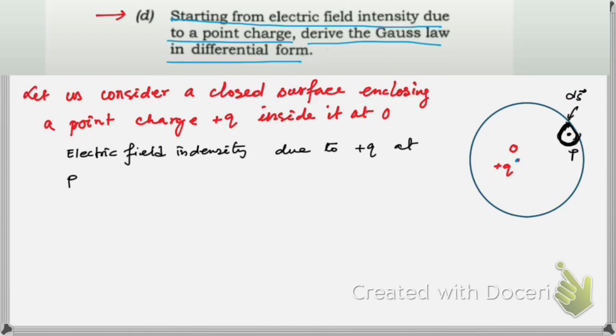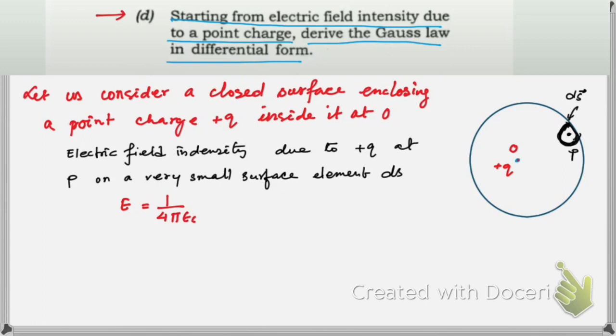Okay, we have considered it that way. At P on a very small surface element ds, the electric field is given by E is equal to 1 by 4 pi epsilon naught q by r square, right?